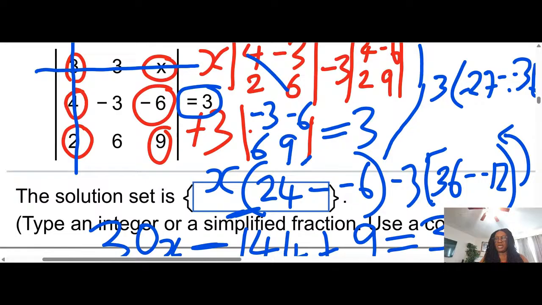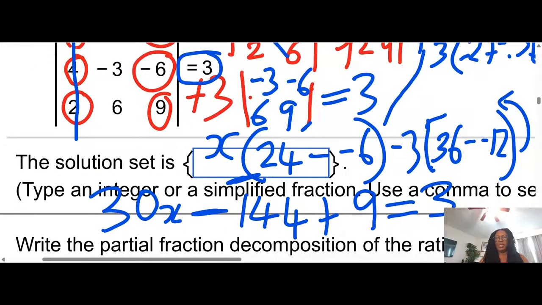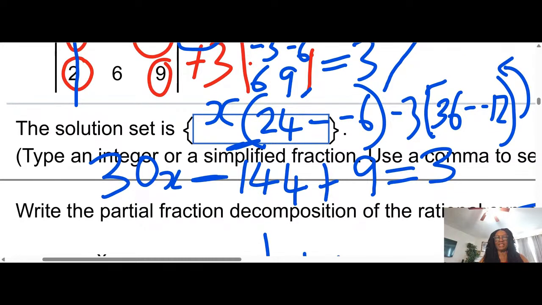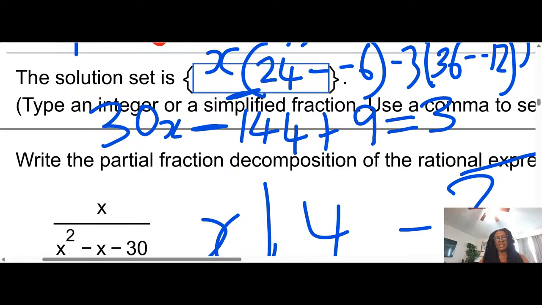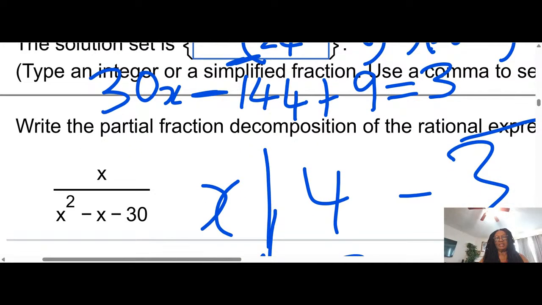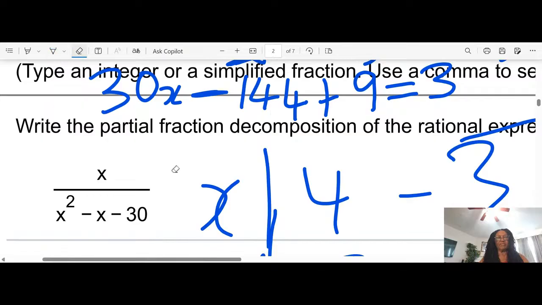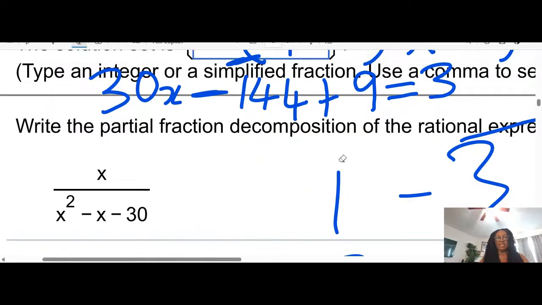Before we can actually solve for x, we need to know how to evaluate a 3 by 3 determinant. All right, so I'm going to clean this so that I can finish up here. So the next thing now is to solve for x.